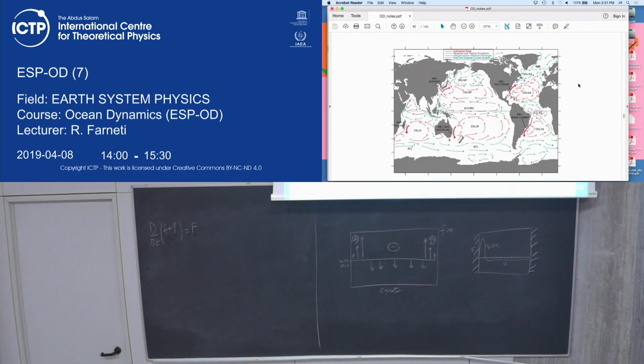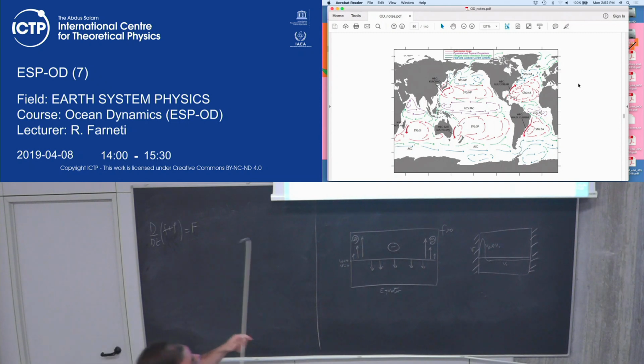And if you look again at this very, very simple schematic of surface time mean climatological surface currents in the ocean. You see in red subtropical gyres, you see in blue subpolar gyres.